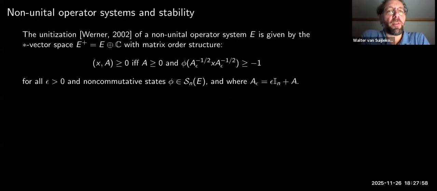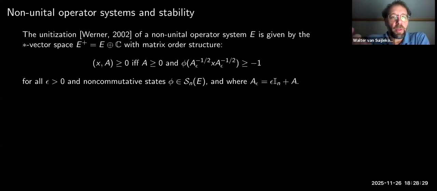And so Werner has a notion of non-unital operator systems, which is based on the use of states on the operator system, where you use that, first of all, to have some notion of a norm, and then that should be compatible with the operator space norm that you're given. So there's some kind of compatibility. But what I want to highlight here is that you have a unitization in that context.